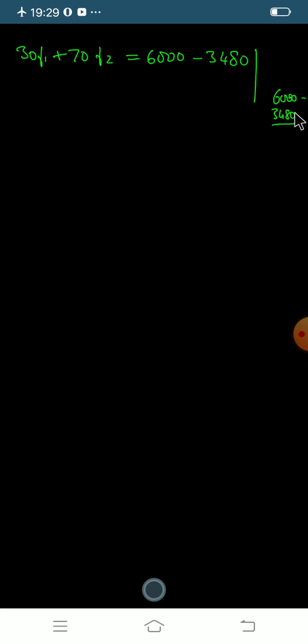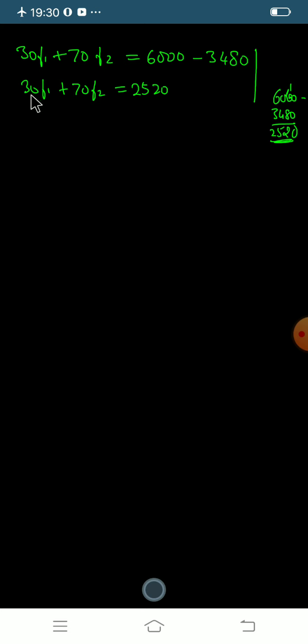How much will we get? That is 2520. So 30 F1 plus 70 F2 is equal to 2520, right?